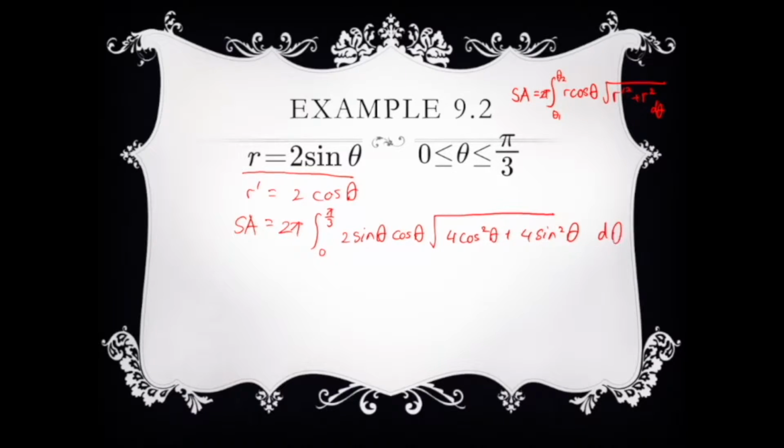So d theta, don't forget d theta. So we can move the 4 and the 2 out. Well, the 4 is within a root, so it becomes 2. So it all becomes 8 pi times the integral from 0 to pi over 3 of sine theta cosine theta d theta. And we can just use u substitution and let sine theta equal u, and it becomes a very, very simple integration.